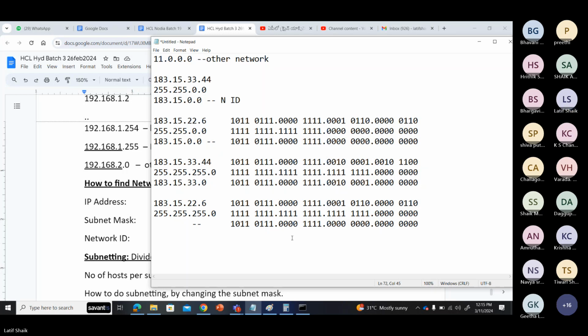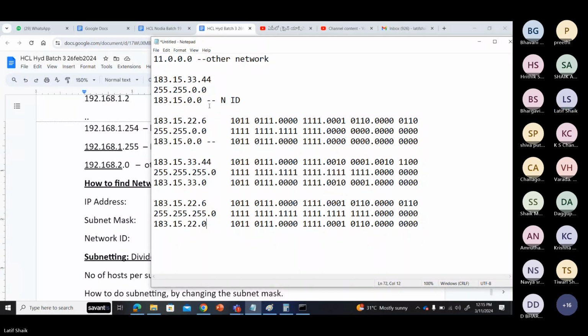If you look here, this will be different. So 0 1 0 0 1 0 0 1 0 1 1 1 and 0 1 again 0 1 1 1 1 1 1 0 1 0. You know, this first value can simply be said as 183.15.22.0.